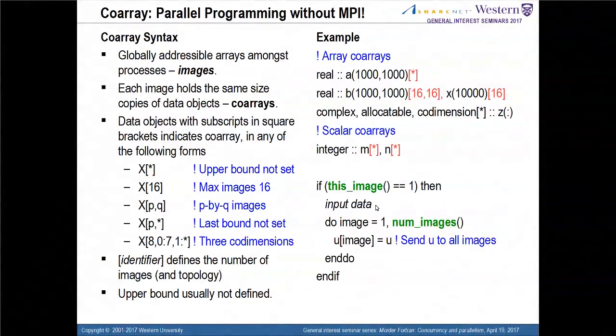Normally I would set 1 as the main or master image, then I input some data, and after I input the data, I broadcast the data to all the other images. How do I do a broadcast? I simply push the value I just read, for instance U here, to all the other images. This is the typical broadcast.